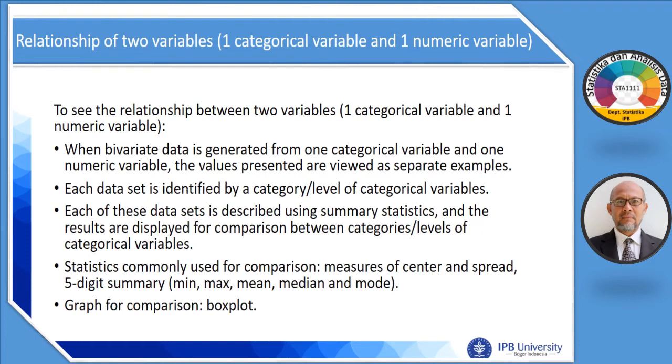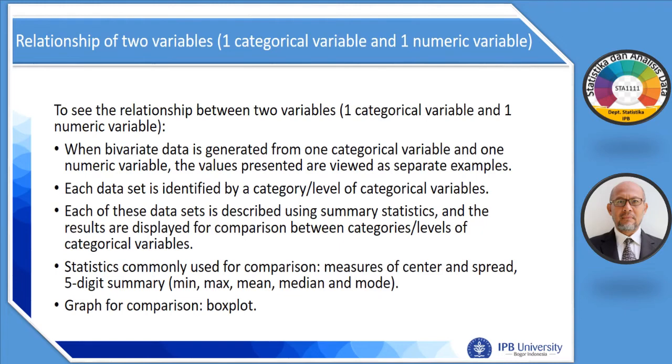The third is that each of these datasets is described using summary statistics, and the results are displayed for comparison between categories or levels of the categorical variable. So we have to explain again the descriptive statistics that we already discussed in an earlier meeting.